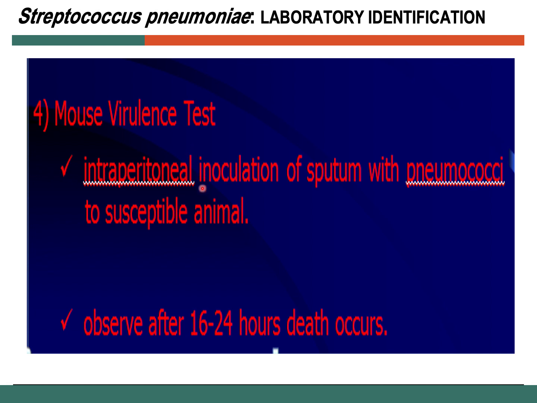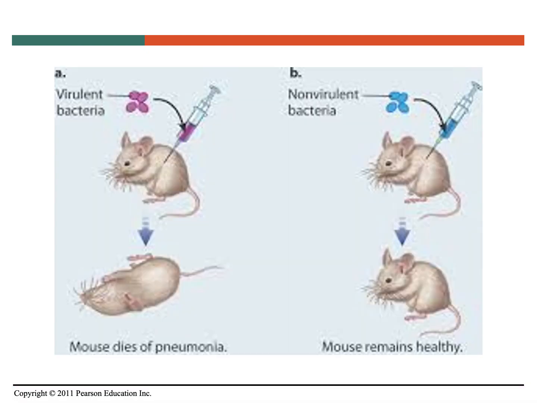This is done by putting pneumococci into a susceptible animal and observing if that particular animal dies. So we extract virulent bacteria or pneumococci from sputum and inject it into the mouse. If the mouse dies, then probably that is pneumonia. But if the mouse is still alive after the intraperitoneal injection, then it's not pneumonia.